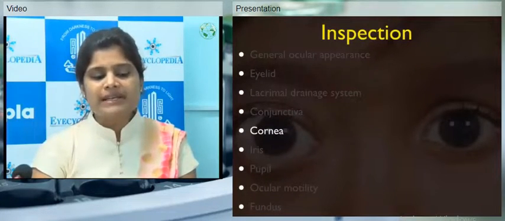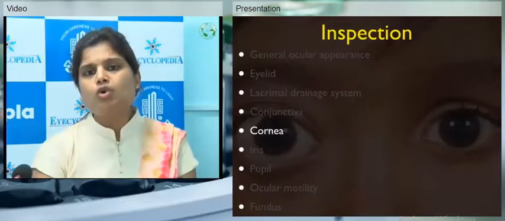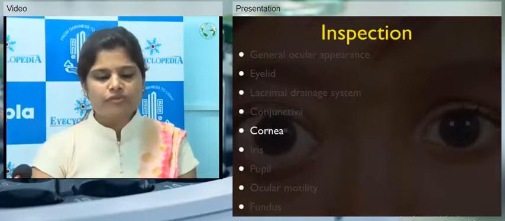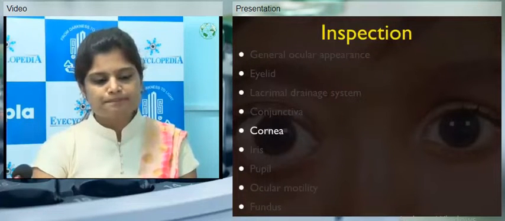So that can be detected. And another important clue: if there is a young patient who has peripheral ulcerative keratitis and has proptosis, then you have to think of autoimmune diseases, especially granulomatosis with polyangiitis. So inspection of each of these structures gives a clue to the diagnosis.